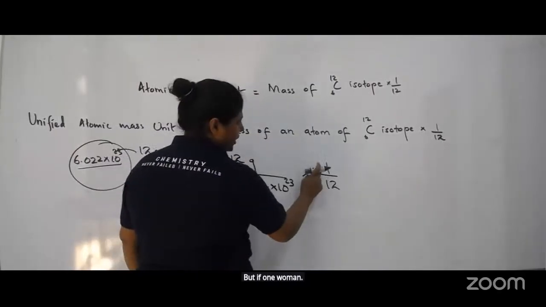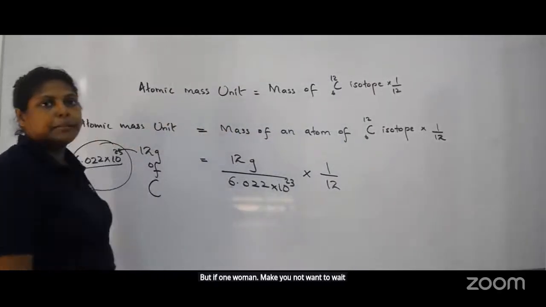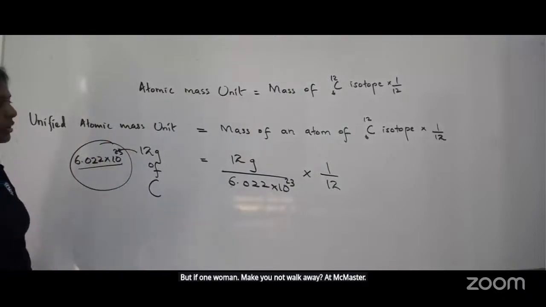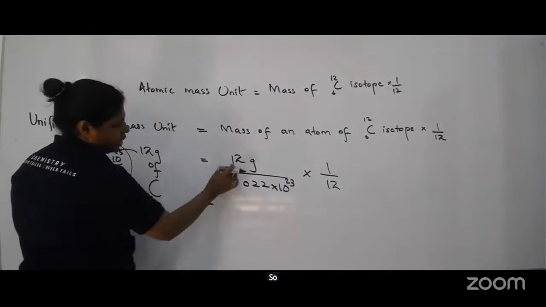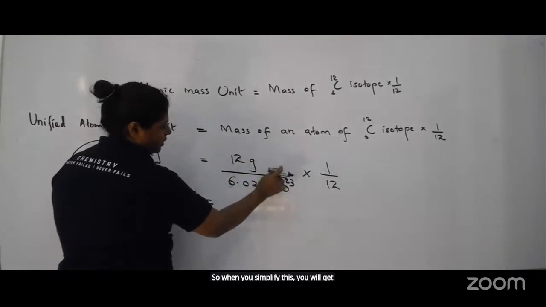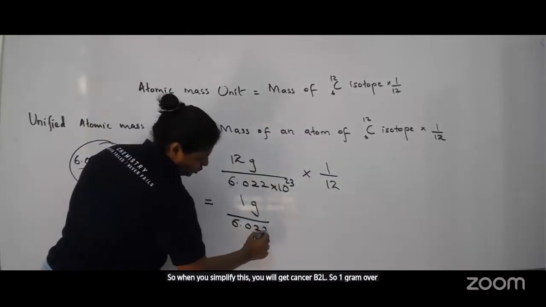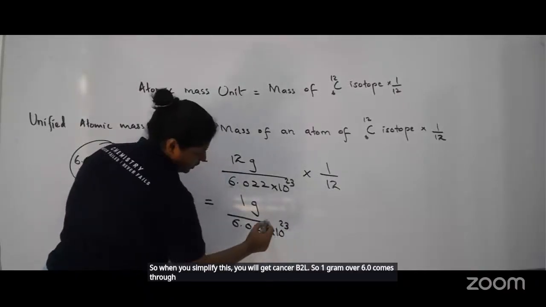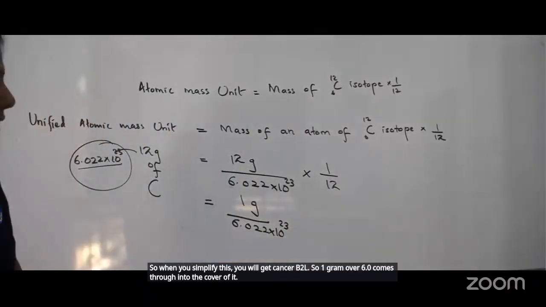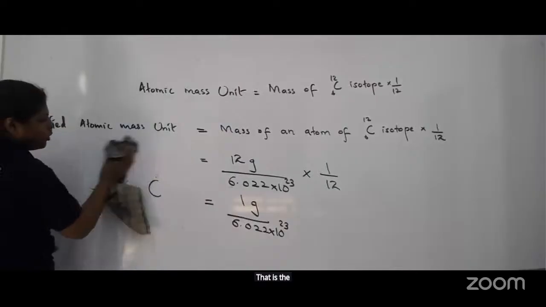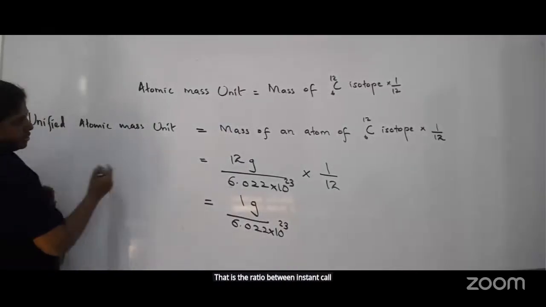So when you simplify this, 12 gets cancelled with 12, so 1 gram over 6.022 into 10 to the power 23. That ratio is called 1 U.